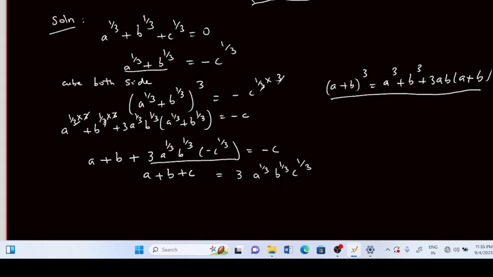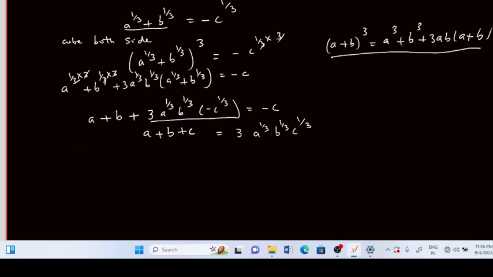So here in the question we must cube this a + b + c. So we cube both sides. We get (a + b + c)^3 = 3^3, a^(1/3) into b^(1/3) into c^(1/3), where each and every power should be multiplied with 3.